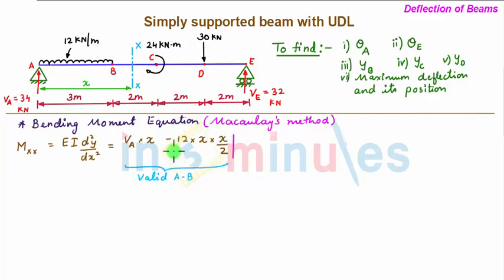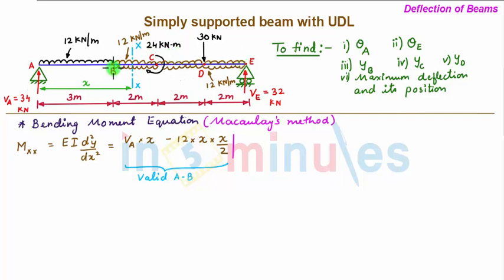So to make this part of the equation valid when section XX is beyond point B, let us make an additional arrangement of downward UDL of 12 kN per meter between point B and E, such that this part of equation will remain valid for any section between point B and E.